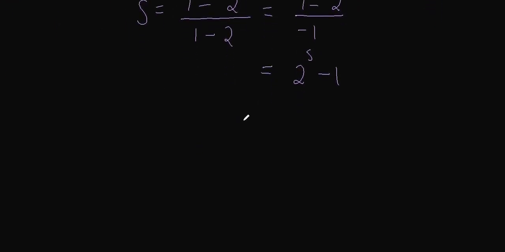Now 2 to the 5th power is equal to 32, and so 32 minus 1 is equal to 31.